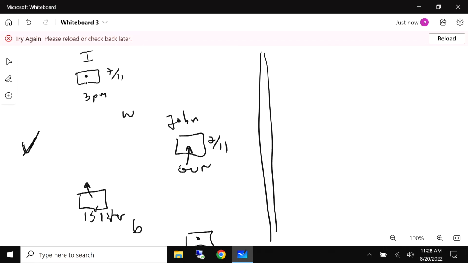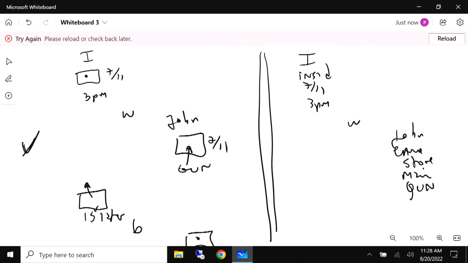But if you were to say all this here, look how many notes you had to take. I was inside the 7-Eleven store at 3 p.m. when John came into the store through the main door with a gun. Okay, so you can see now, compare this with this and compare this with this.